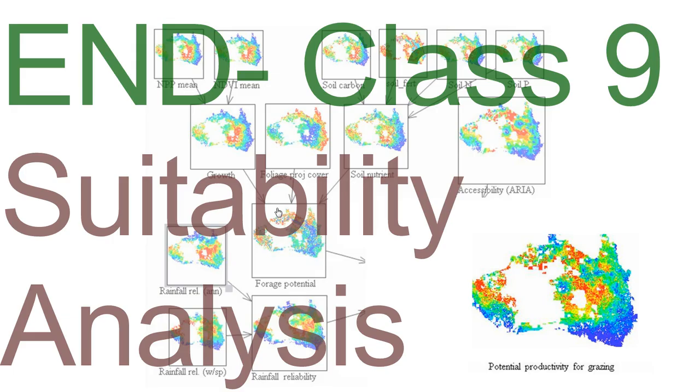So the whole process of suitability is going from a very complex thematic structure across many layers of geospatial data, and we're winnowing it down through the GIS to just a very Boolean, yes, this area is suitable, or no, it's unsuitable. Okay, so good luck this week, and hopefully this lecture was helpful in understanding suitability.